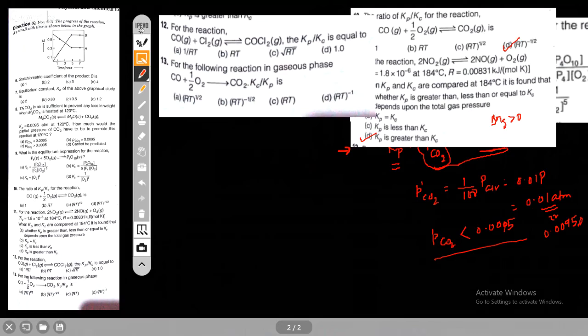The 12th one is A, correct. 13th, are you getting B? It's not the same. You see here it's Kc by Kp, and here we have Kp by Kc. So option A is correct, not B.